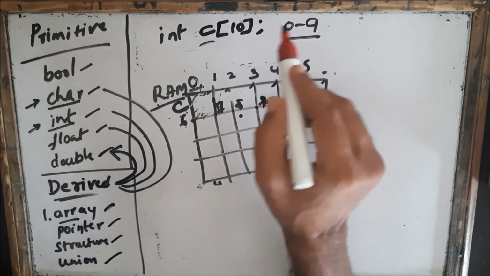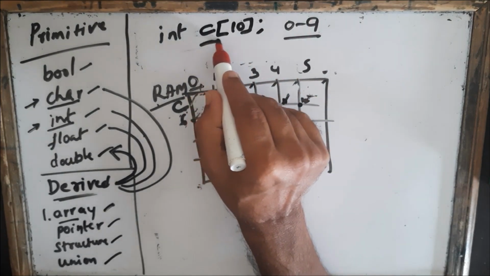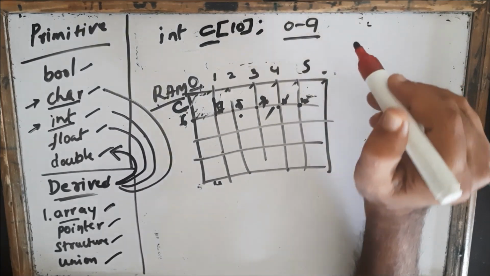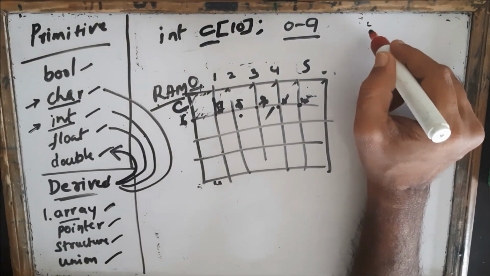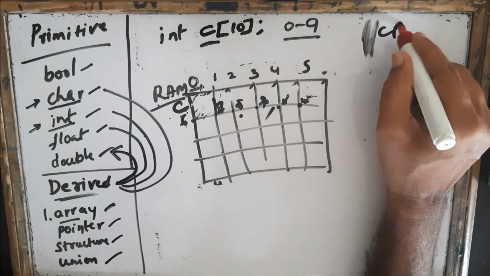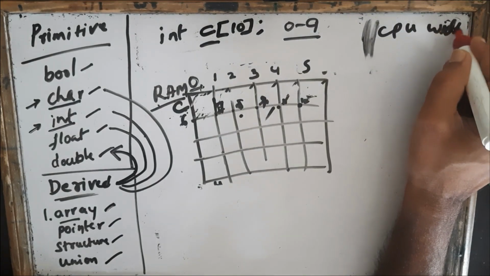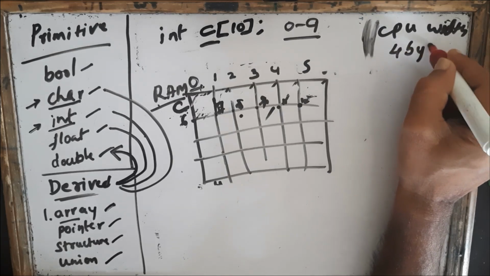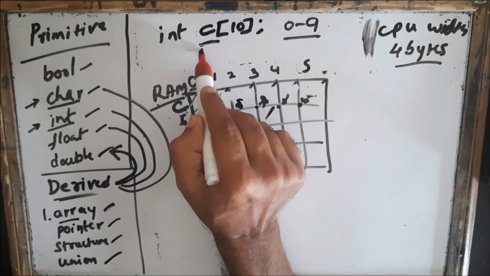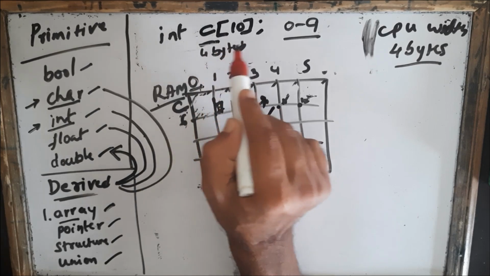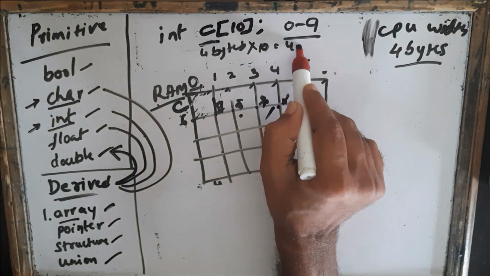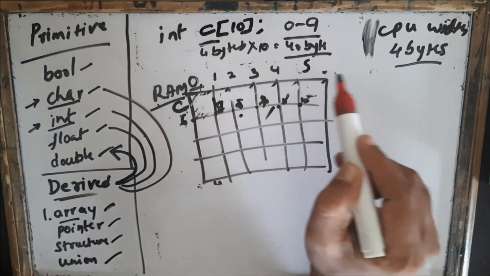But one catch here: for this particular machine we are using, the CPU width will be 4 bytes. That means each integer will take 4 bytes. So 4 bytes into 10 is equal to 40 bytes required.